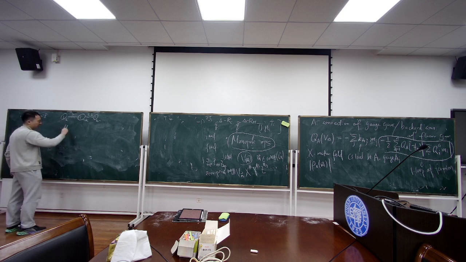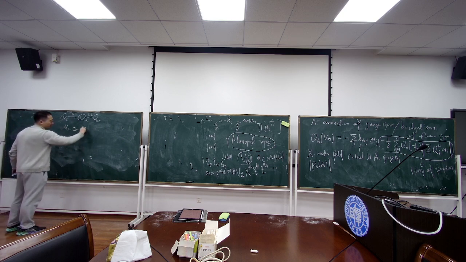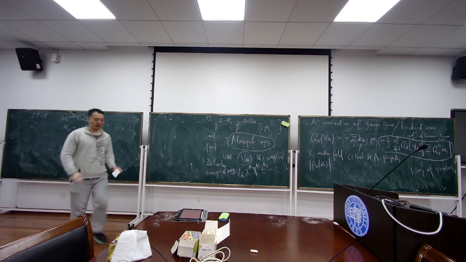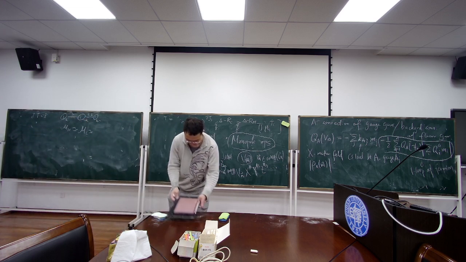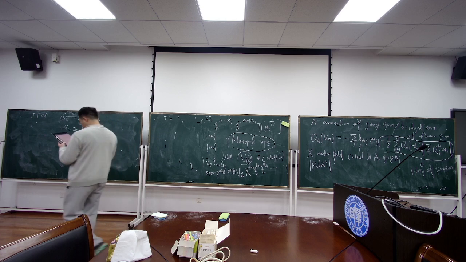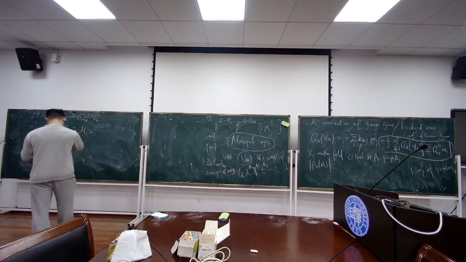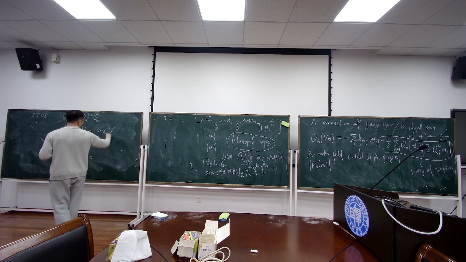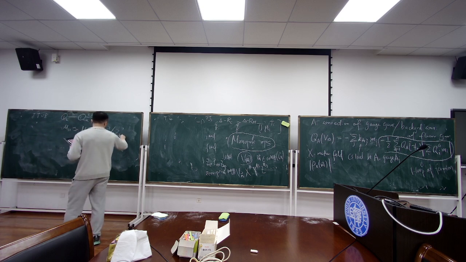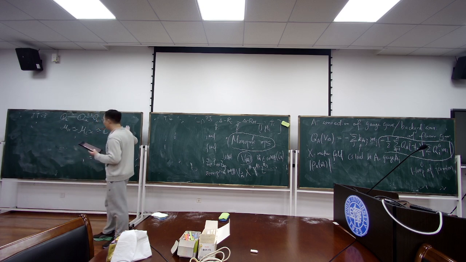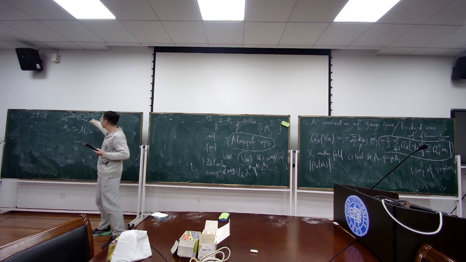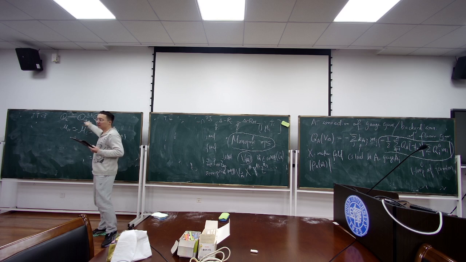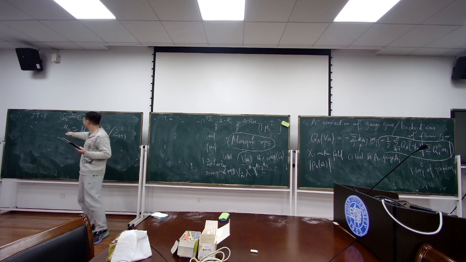The Higgs branch and the Coulomb branch, from the index, should be C2 mod ZK plus 1. You have to be careful, there's a plus 1 here. So somehow adding this twisted hyper changes both the Higgs branch and the Coulomb branch.